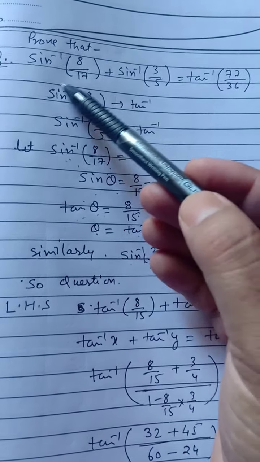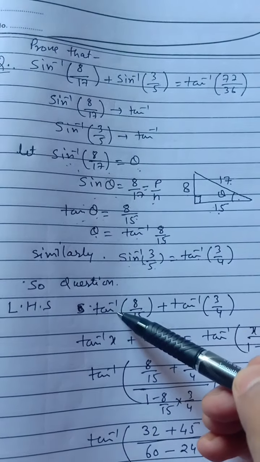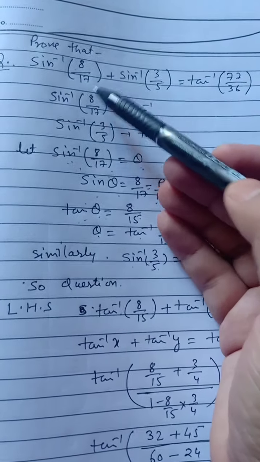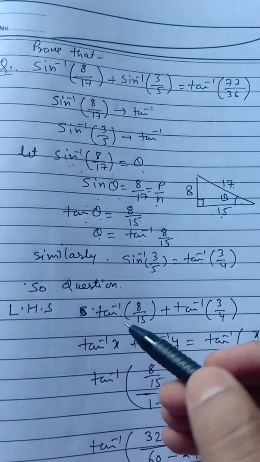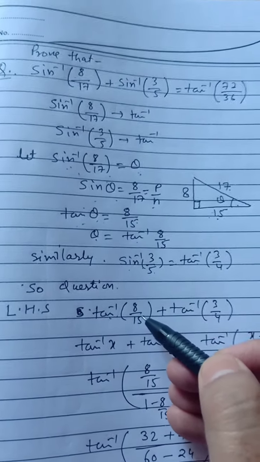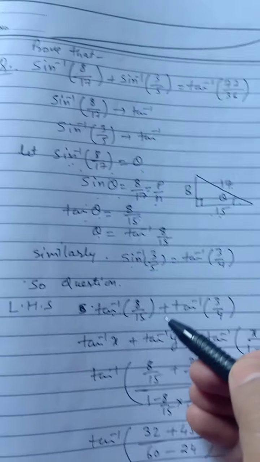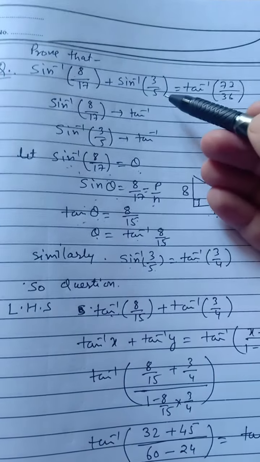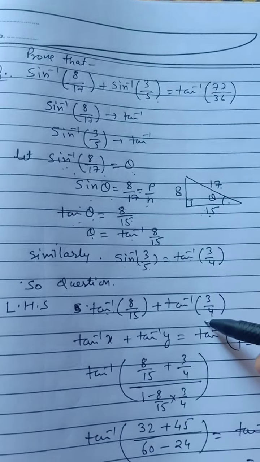Now our left hand side becomes, in place of sin inverse 8 upon 17, tan inverse 8 upon 15, and sin inverse 3 upon 5 becomes tan inverse 3 upon 4.